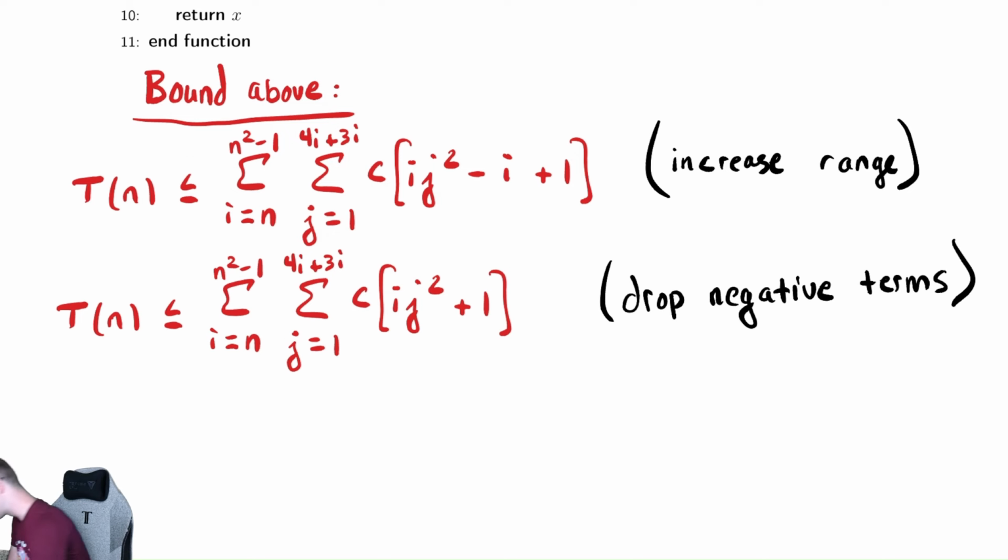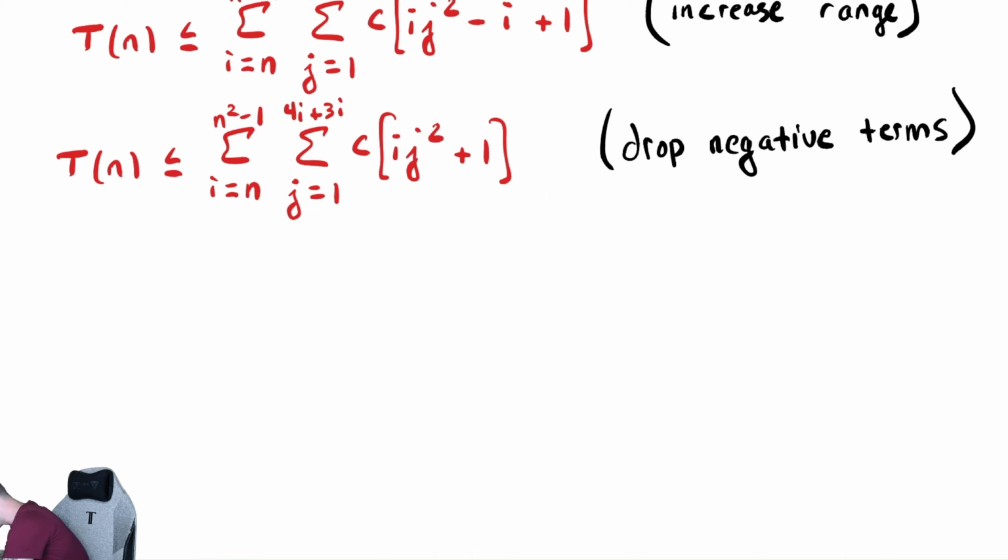The most important thing is that you do both of these before you do the next step, which is our technique for bounding summations. What we're going to do is replace every term in the sum with the maximum value in the sum. So we're going to keep everything the same. We're going to copy down the exact expression we had, except every time we see j appear in the summation, we're going to replace it with the largest value that j obtains.